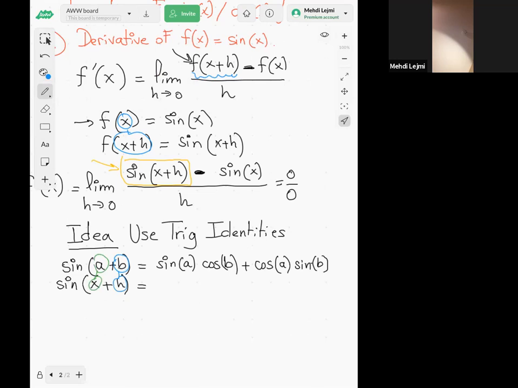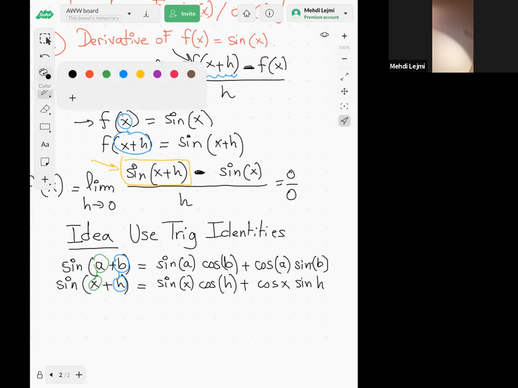So sine of x plus h will be sine of x cosine of h plus cosine of a, which is x, so cosine of x, times sine of b, which is h, sine of h. So I'm going to use this identity here for the sine of x plus h.